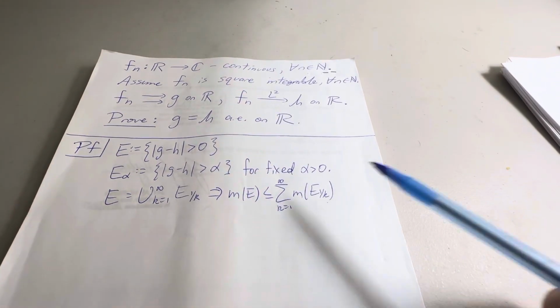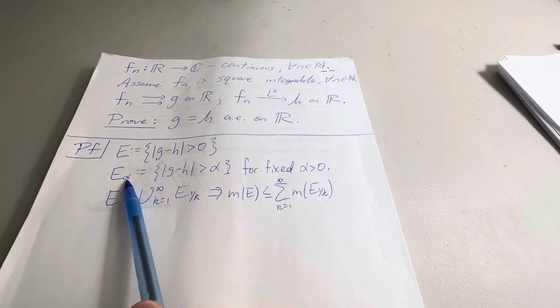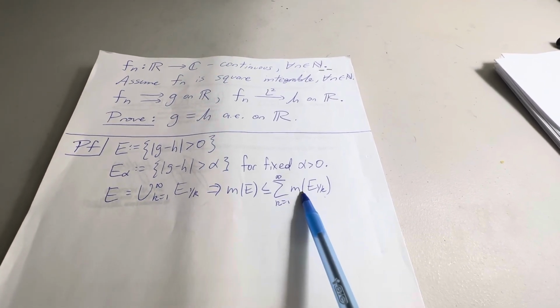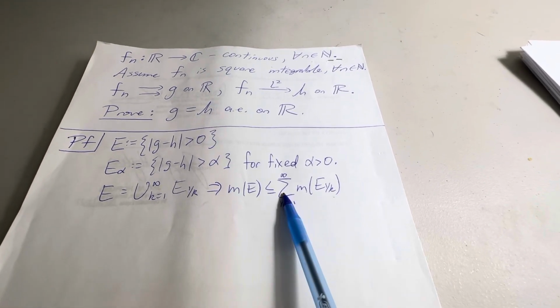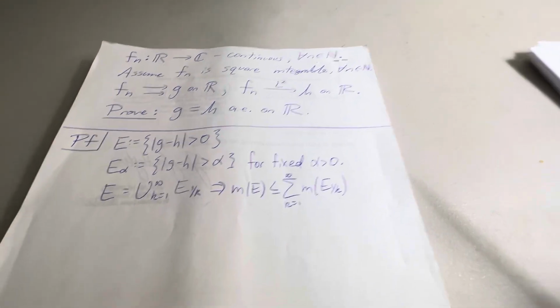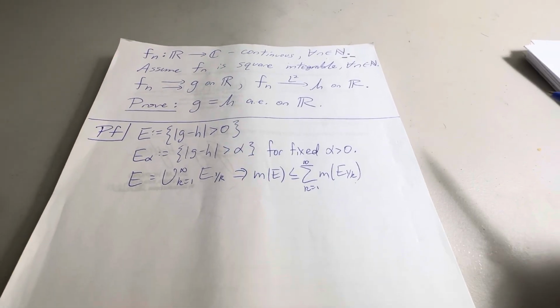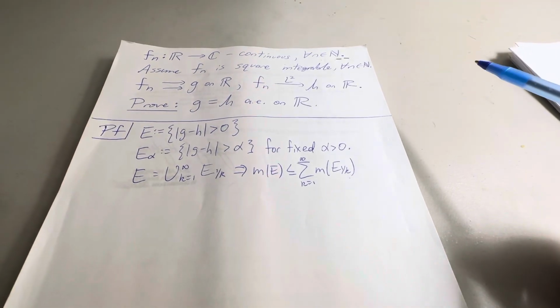And if you can show that the measure of E alpha is 0 for any fixed alpha, then the measure of E of 1 over k is 0, and the countable sum of zeros is 0, in which case the measure of E would be 0. So that was my idea. If I can just show that the measure of E alpha is 0, I was done.